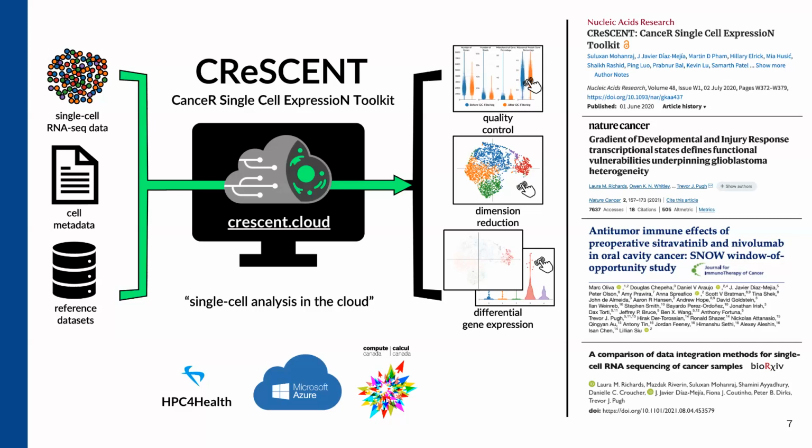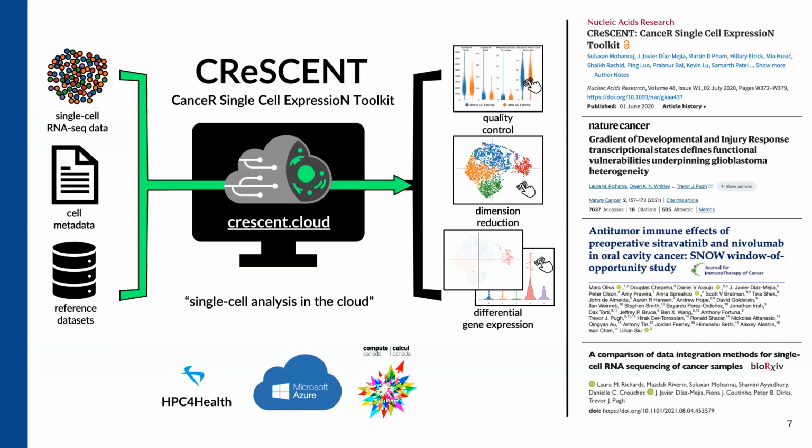That was our initial paper talking about a single data set analysis using Crescent. And stemming from that, there's been a couple of interesting papers, one from one of our lab members who's graduated, a PhD student. She looked at different injury response states affecting glioblastoma.